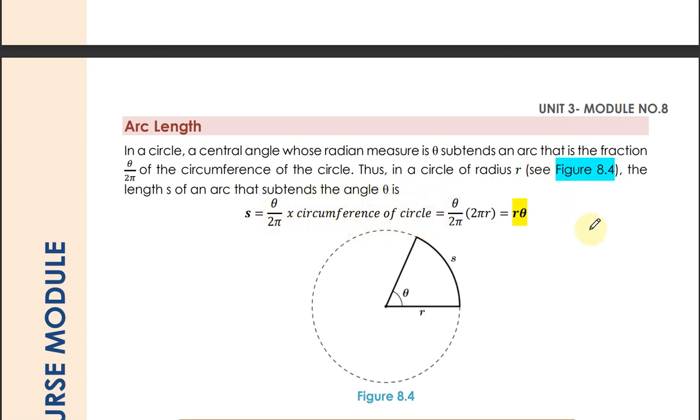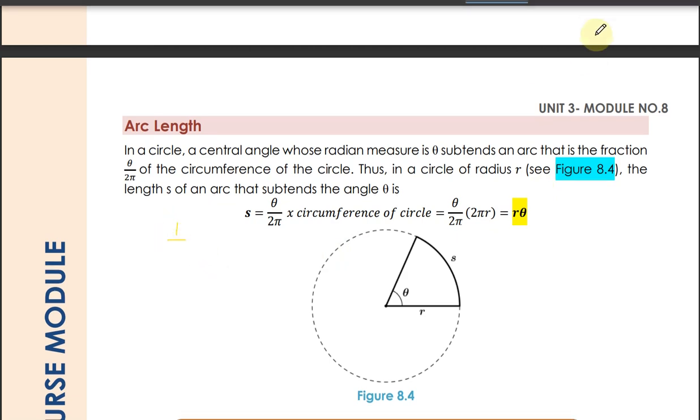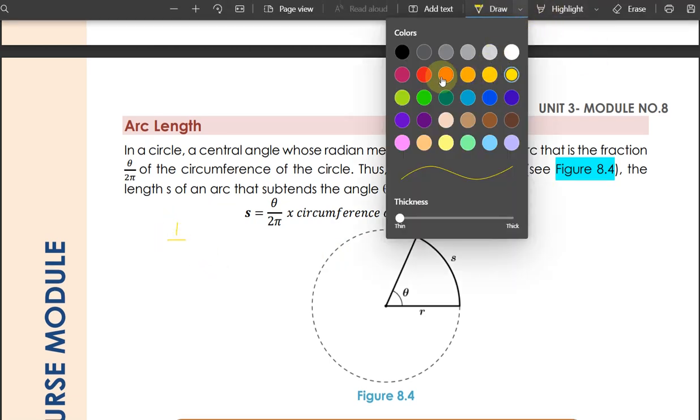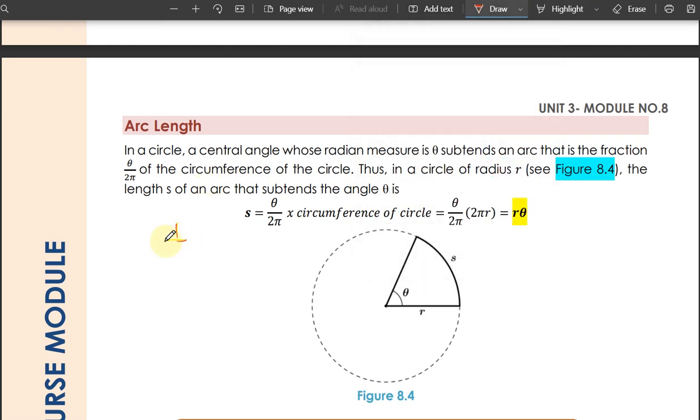circle. Right? You remember in degrees, 1 degree is equivalent to 1 over 360. So when you convert this 360 into radian, 1 over 360 becomes 1 over 2 pi.